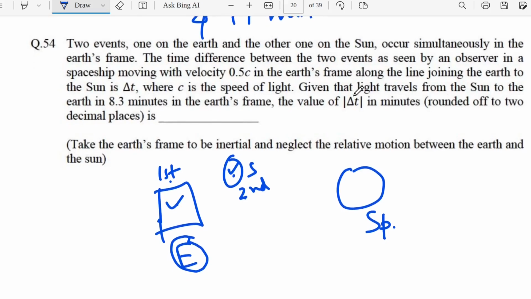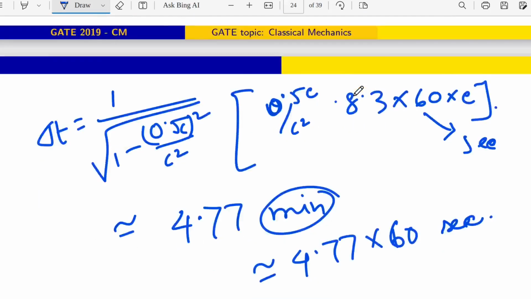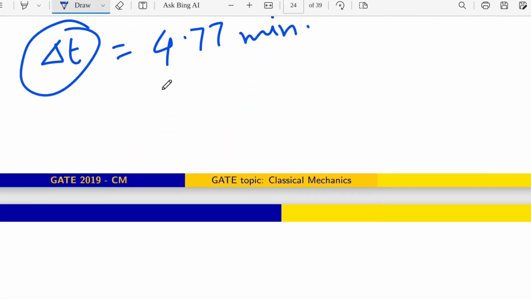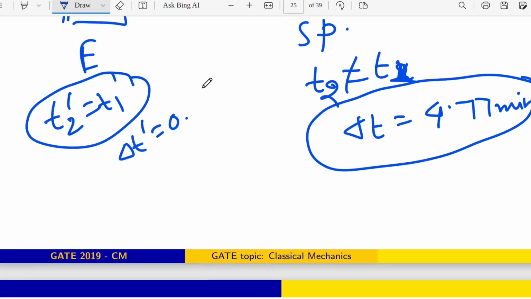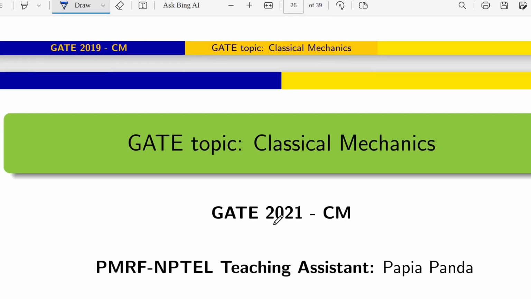If I put these values in, it will come as 4.77 minute. So this is the time difference of these two events with respect to the specific frame of reference. I just told you with the picture.